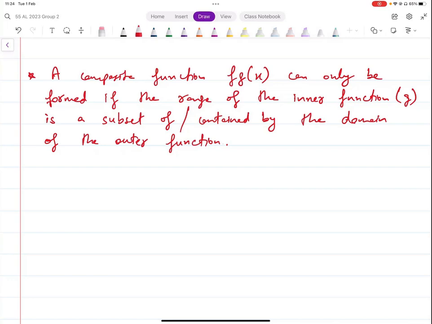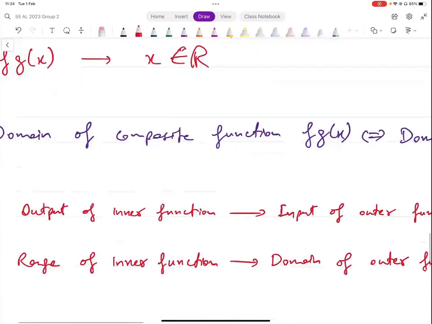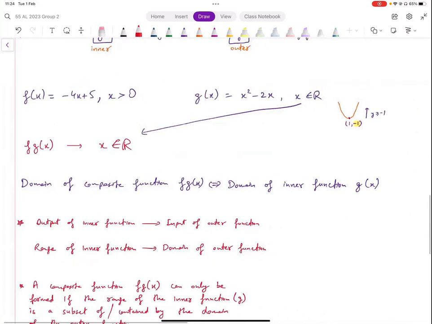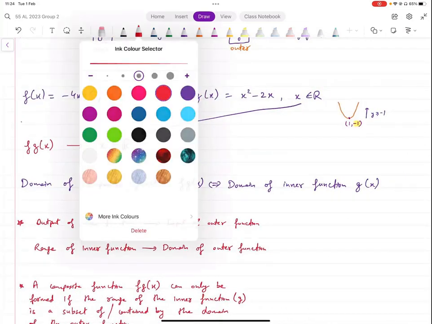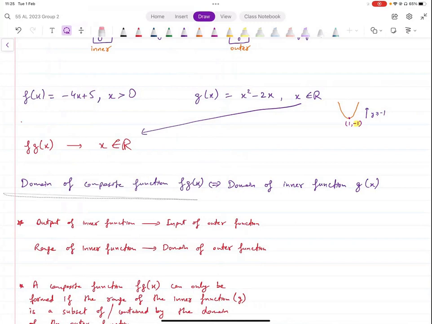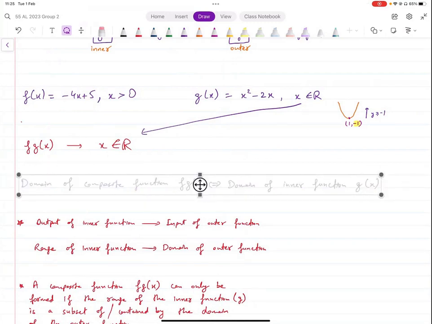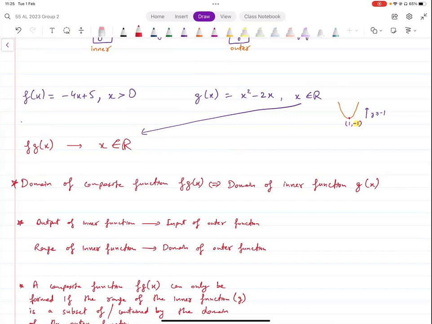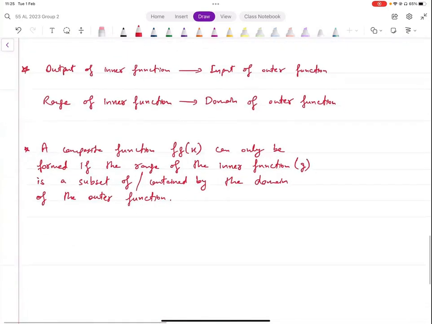Yeah, so that's something separate. So that always holds true. So this is one thing. If you want the domain of a composite function, this is one rule that we have for that. Okay, this is separate. This is something separate.